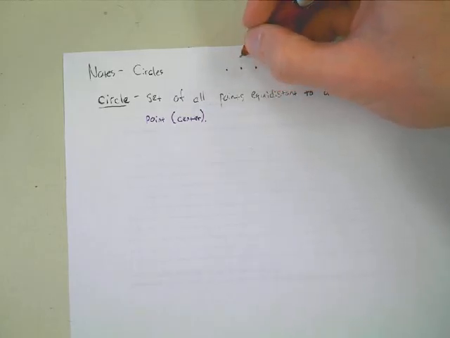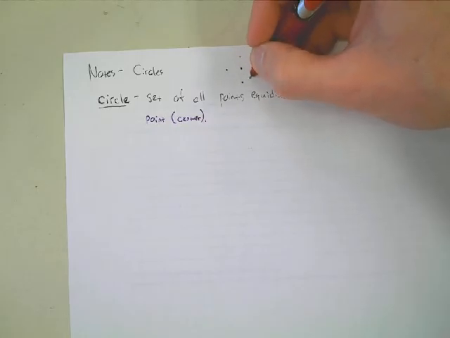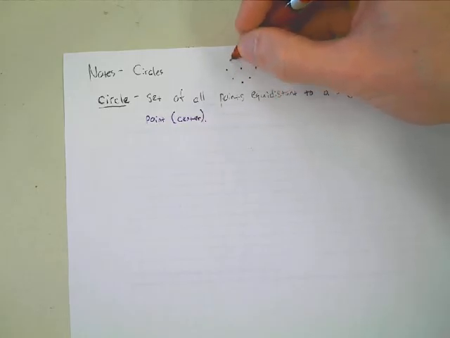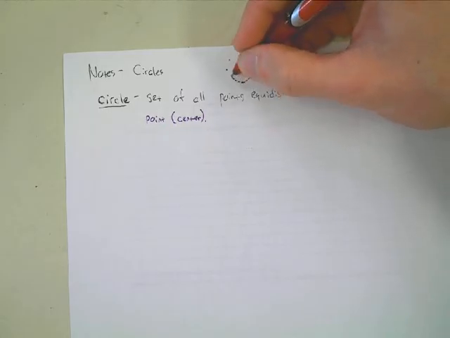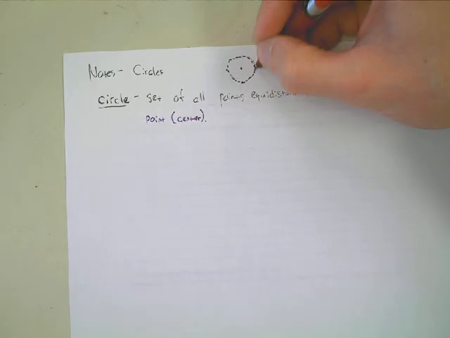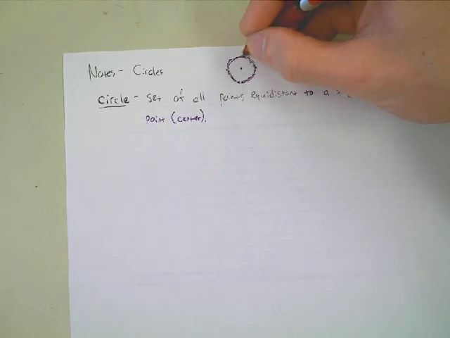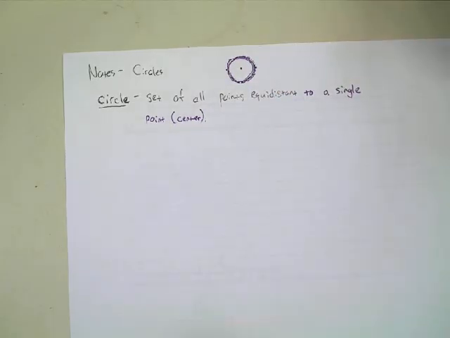I can go up, I can go down, I can go diagonal. As I add more points, all these points are the same distance from that center, and they eventually fill in and create the circle, which I didn't sketch very well there, but you get the idea. Not drawn to scale.